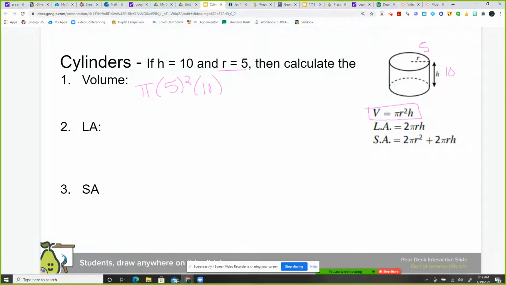So what is pi times 25 times 10? We could leave it as 250 pi, or we could multiply by 3.14. Did anybody get 785? Yes. Awesome. And that's going to be units cubed, right? I don't know what the units are. They didn't tell me, but it's going to be units cubed.